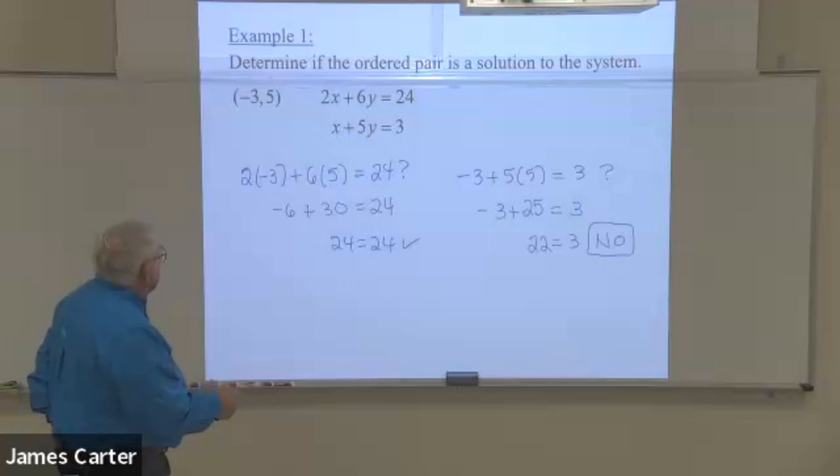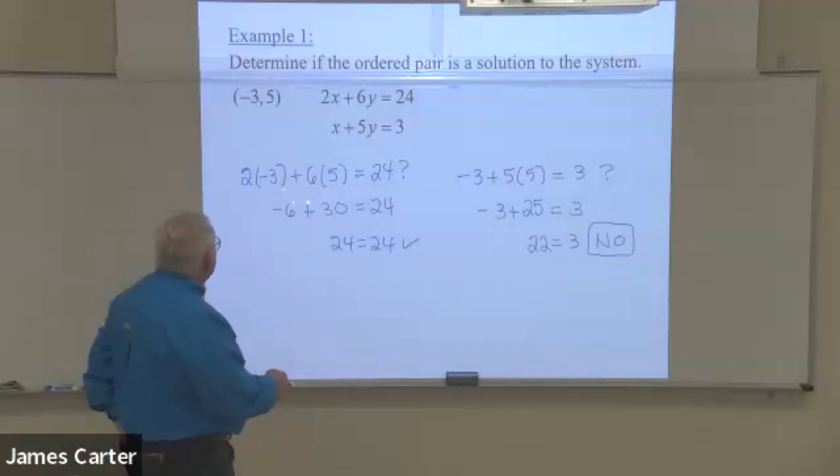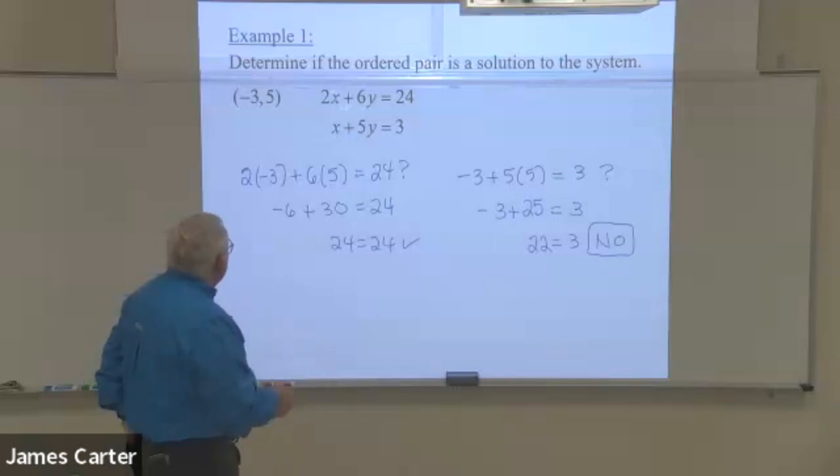Now, if we look at this, in the first equation, it checks that it's true that it works for it. Now, the second equation, however, if we put this -3 in here and the 5 in for the y, we get a value of 3.